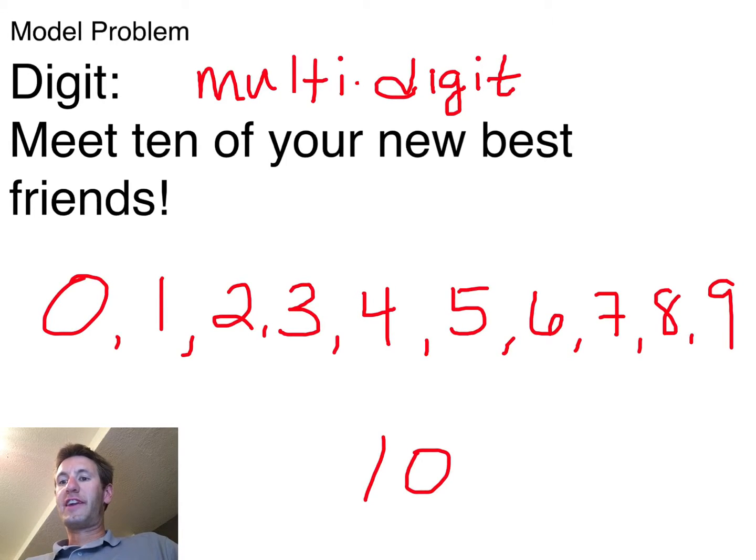What you've done is you've taken the digit 1 and the digit 0, and you've combined them to make a multi-digit number. So it's a little bit deceiving. It can be tricky from time to time, thinking that there are actually 10 digits, but that 10th digit you could really consider your 0, because you have 1, 2, 3, 4, 5, 6, 7, 8, and 9, and 0: 10 digits.